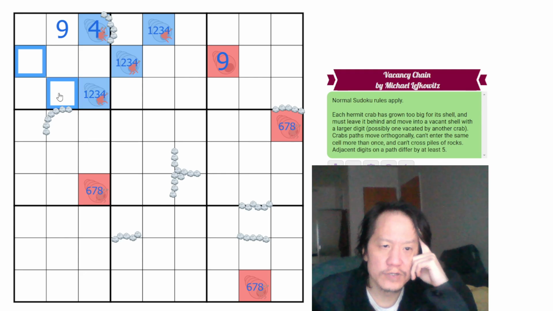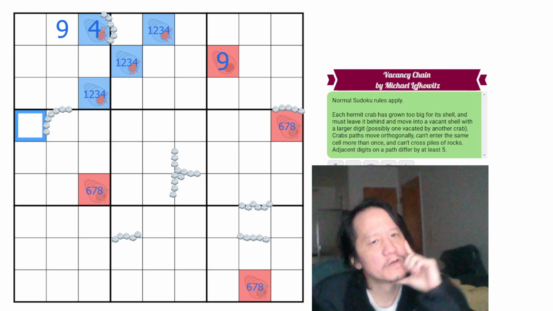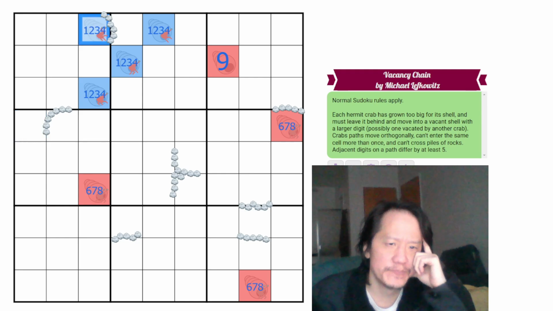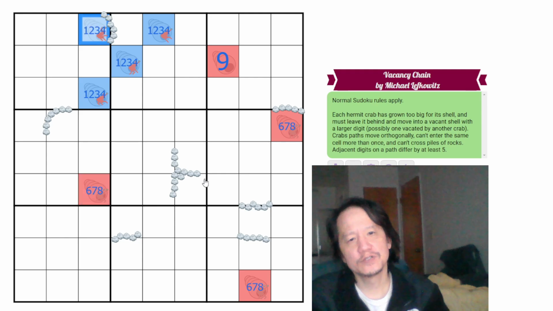1, 2, 3, 7 or 8. 1, 2, 3. 7, 8, or 9. So that could be possible. 6 would most likely be here. So say this was 4, this was not 4, that's 6.